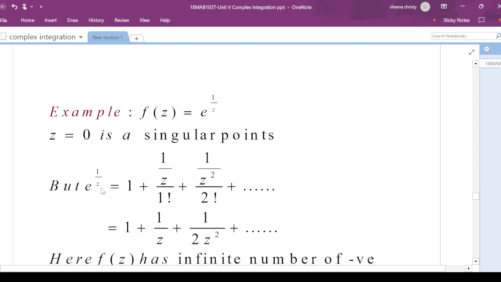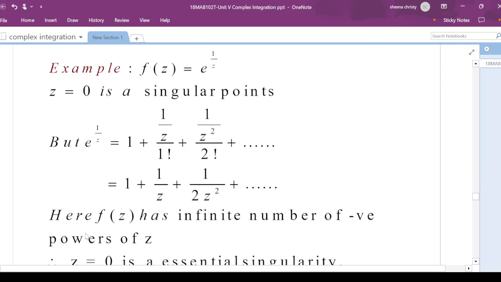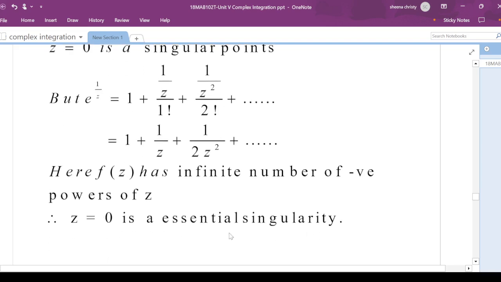We know the expansion of e power 1 by z is 1 plus 1 by z by 1 factorial plus 1 by z square by 2 factorial, etc. Or we can write 1 plus 1 by z plus 1 by 2 z square, etc. Now you can see an infinite number of z terms coming in the denominator. That means z equal to 0 is repeated infinite times. So we can say that z equal to 0 is an essential singular point.